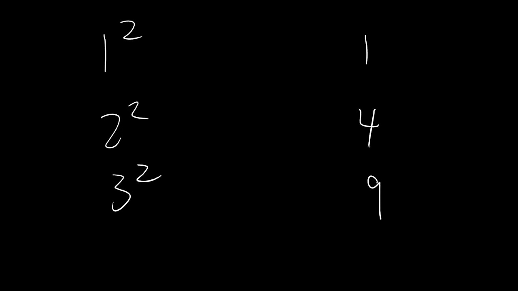So I want you to write down all of the perfect squares. For example, 1 squared, 2 squared, 3 squared, and that would be equal to 1, 4, 9. I want you to write all of your perfect squares in your notebook up to preferably 30, but you can do 20 if you want, for future reference. Also, do your cubes.